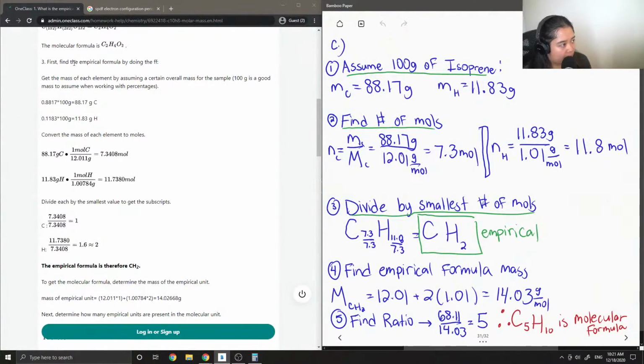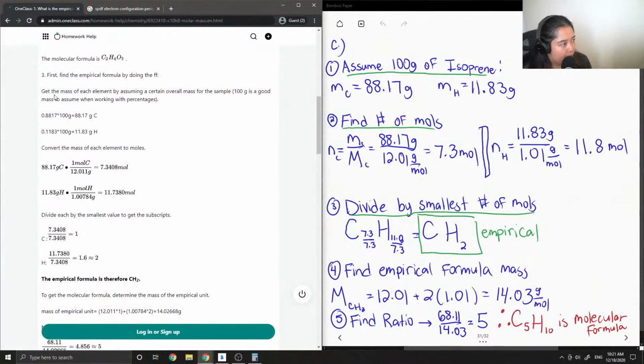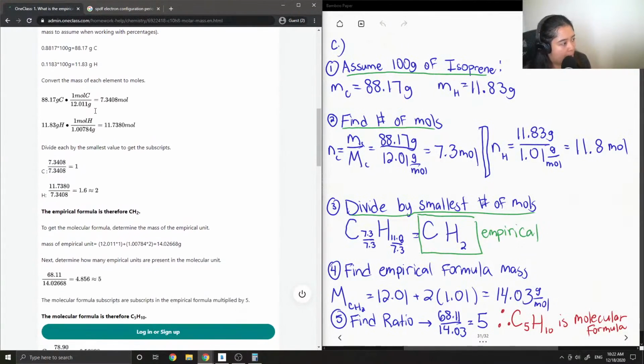Part 3, first find the empirical formula by doing the following. Get the mass of each element by assuming a certain overall mass for the sample. And then they say 100 grams is a good mass to assume when working with percentages. Okay, so then they just showed how you would get the masses. They got 88.17 grams and 11.83 grams.